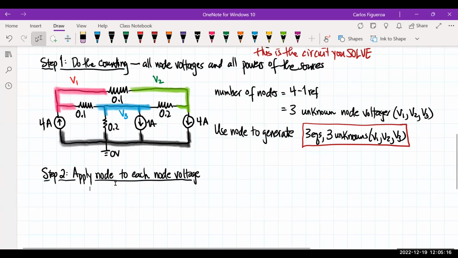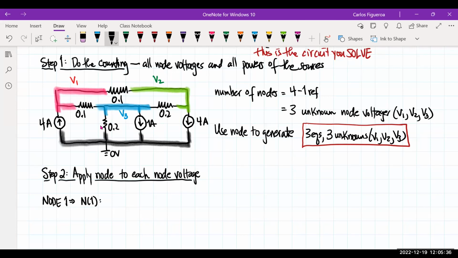Okay, so let's focus on this red one now. I'm going to look at node 1, which is how I typically label it.